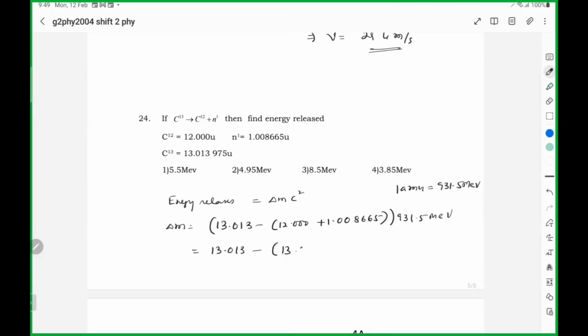Here it is 13.013, 13.0086665 times 931.5. Once you subtract it, it is 0.005.